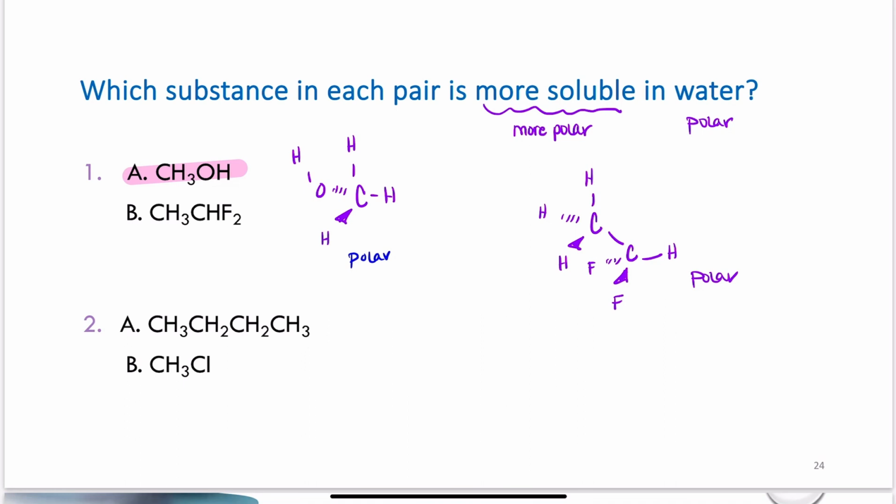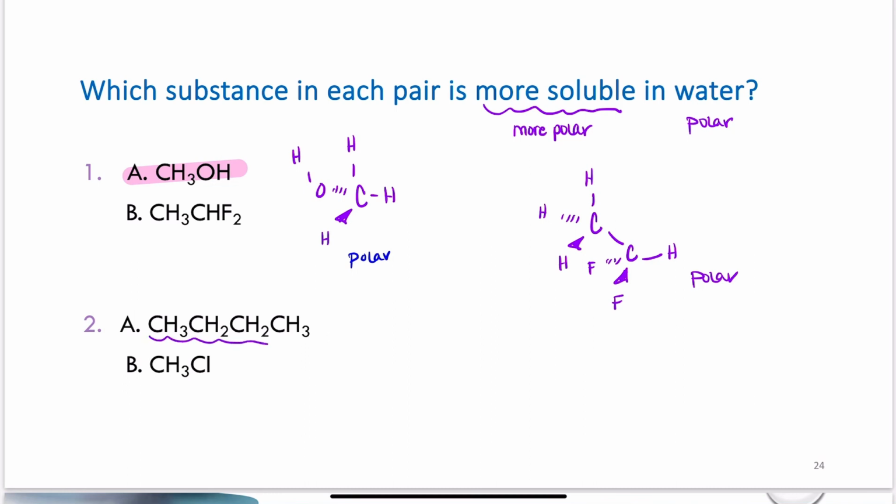It's smaller. This has this whole nonpolar chunk to it. That's bigger than the nonpolar chunk on this one. You could even say technically that it's kind of like this whole thing is nonpolar. This carbon is polar to these fluorines, but this only has just these little hydrogens here. So the one that's more polar is more soluble because water is a polar compound.